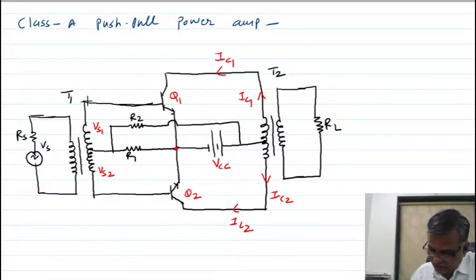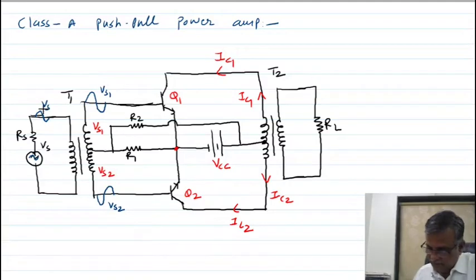I will show your signal. This is your VS1. At the same time I am showing you this is your VS2, this is your VS. Now see, let us start how this circuit works.